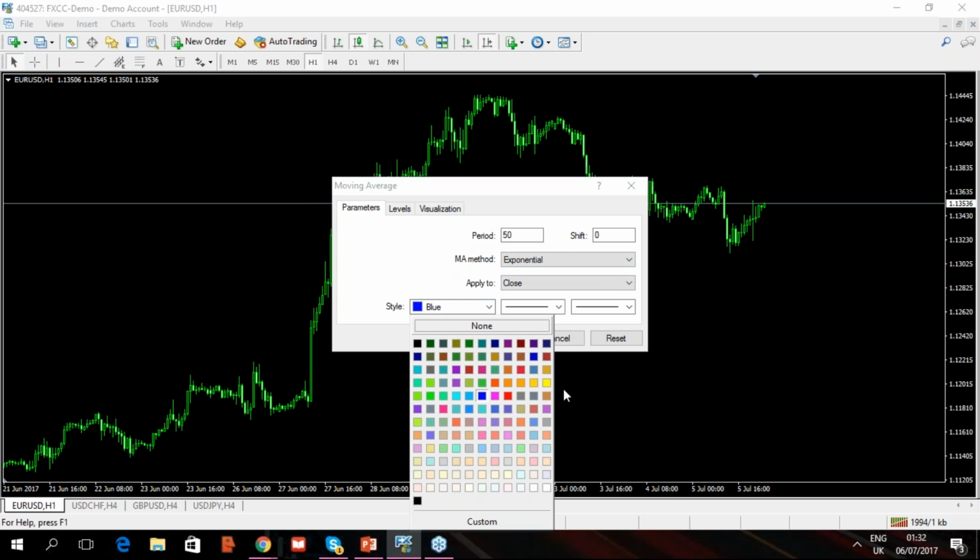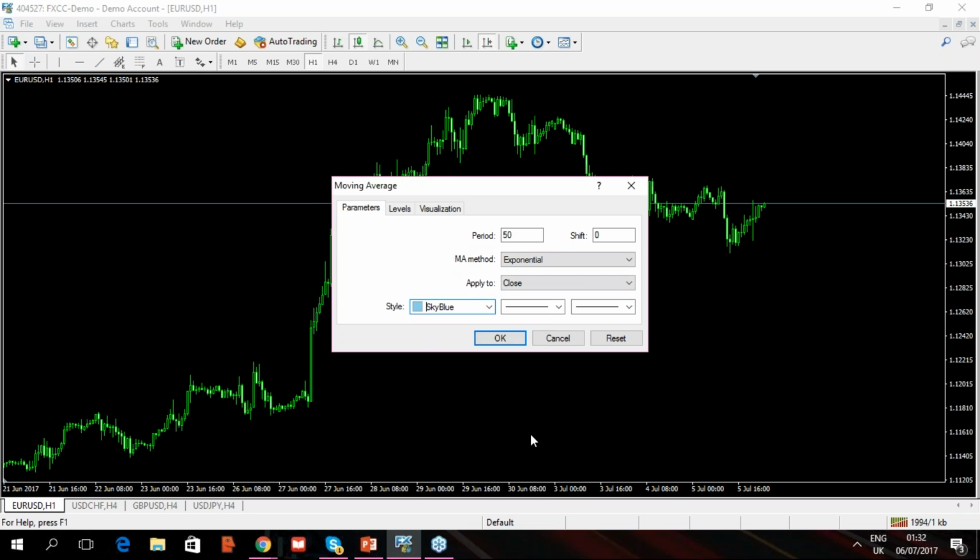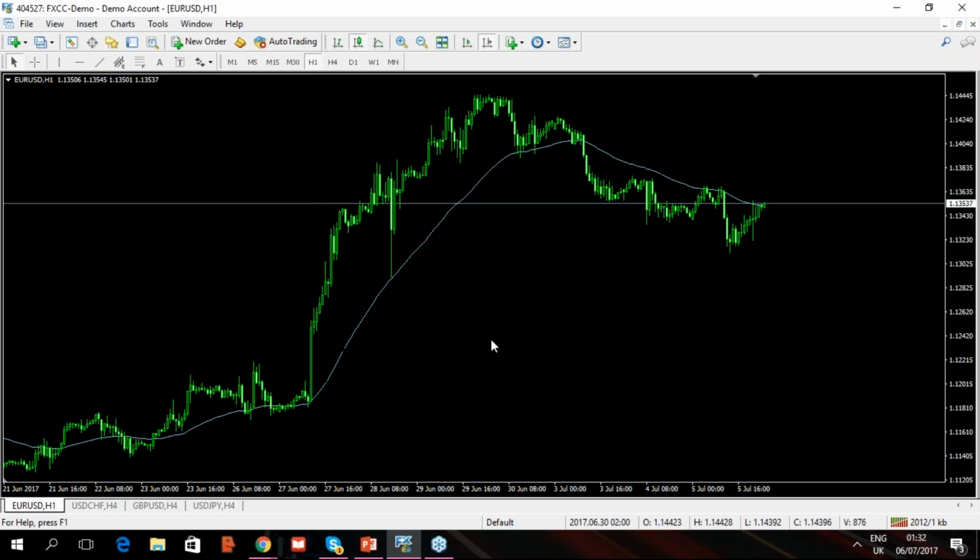I'll usually start off with a lighter shade of color. In this case, it's a blue, so we've got light blue. We have that as 50 exponential on the lightish type blue, and we'll click on that, and we've got that. Now, the only reason we change the colors is to give you an idea of differentiation between these moving averages.